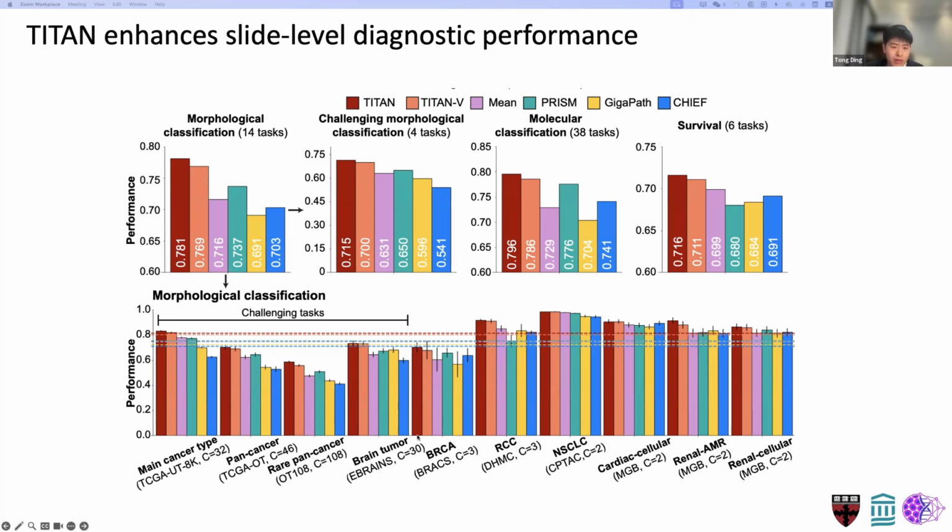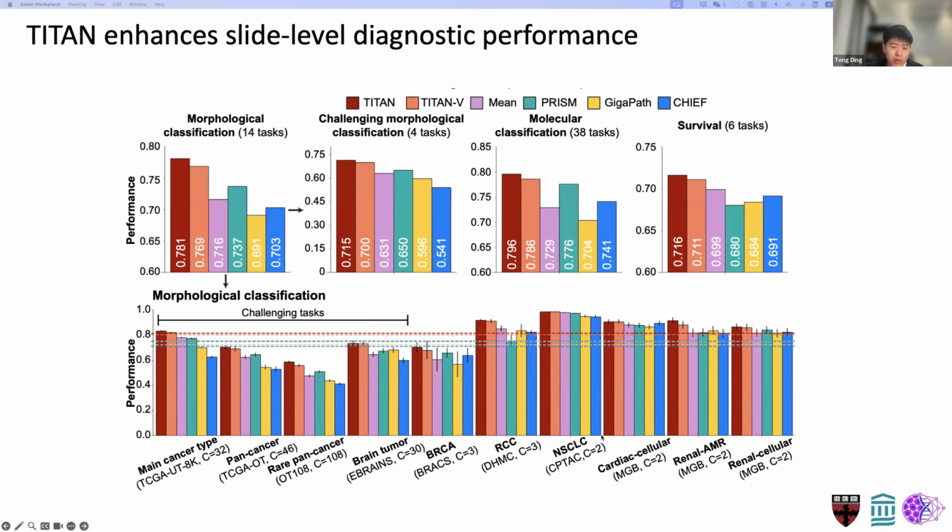And as we can see from the comparison here, Titan outperforms other baselines by a large margin on all of these tasks, not limited to these challenging multi-class subtyping datasets, but also on the traditionally used BRCA, RCC, NSCLC subtyping datasets.